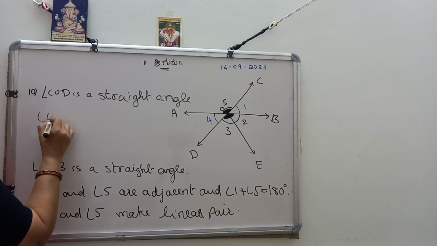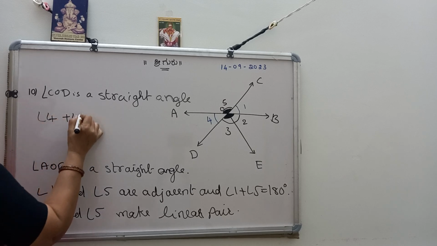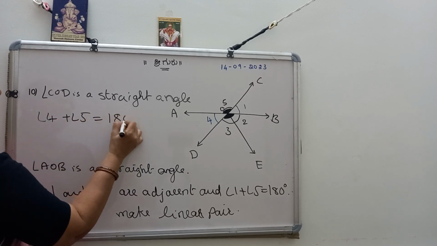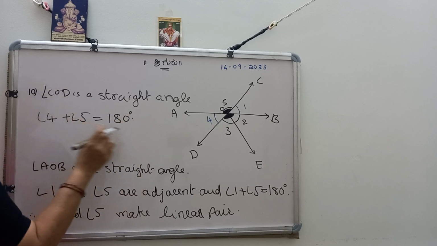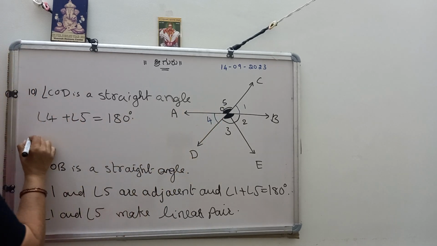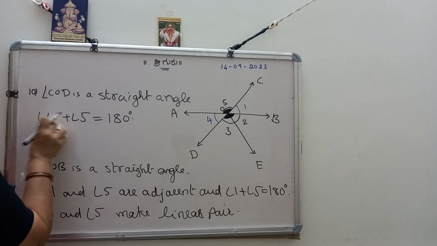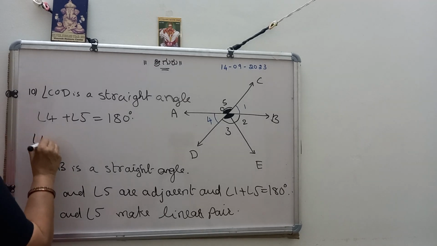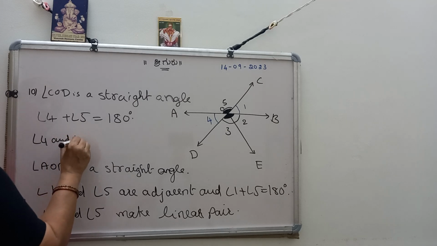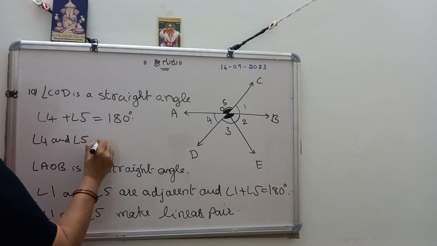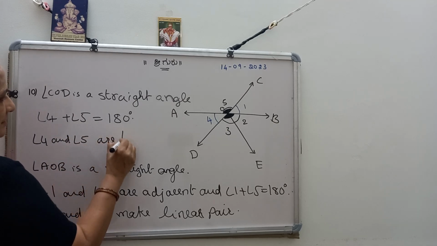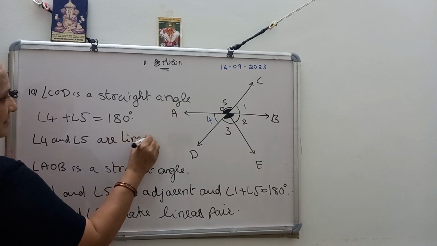Angle 4 plus angle 5 is equal to 180 degrees. And they are adjacent. Therefore, angle 4 and angle 5 are a linear pair.